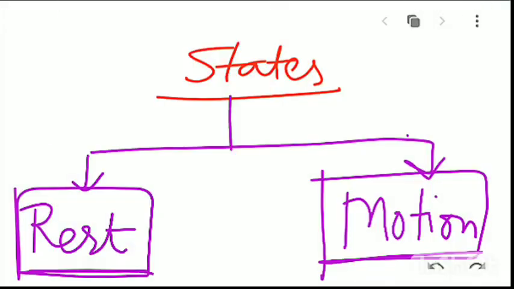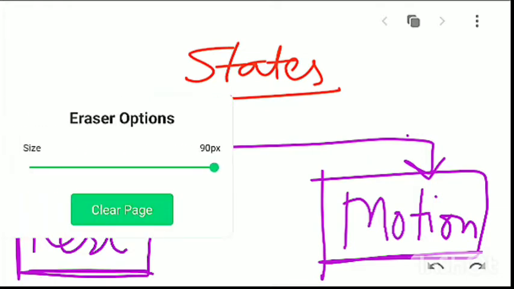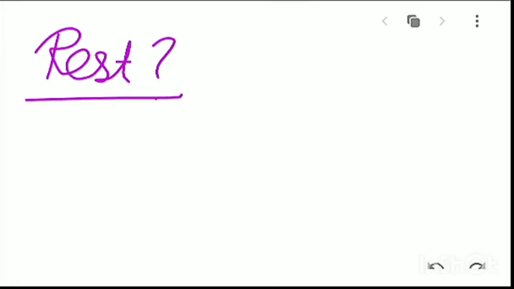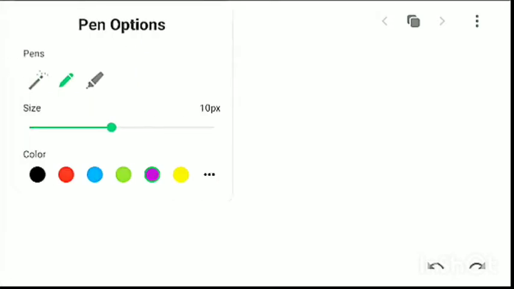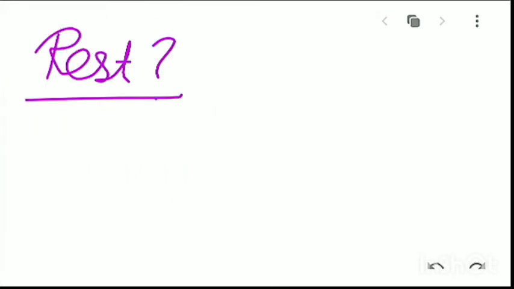Now, if I ask you what is rest and what is motion, how will you define these two quantities? Let's see. The first quantity is rest. Now, the question appears, what do you mean by rest?